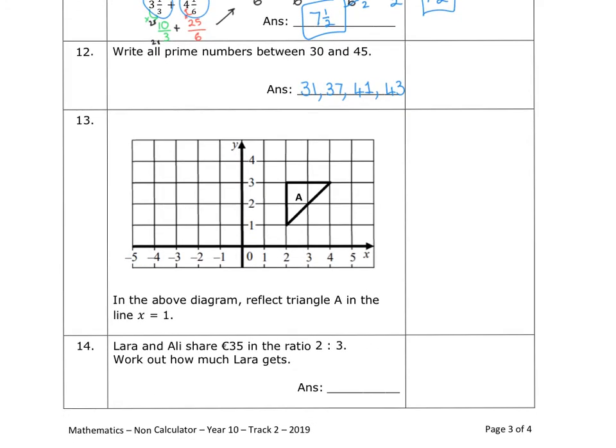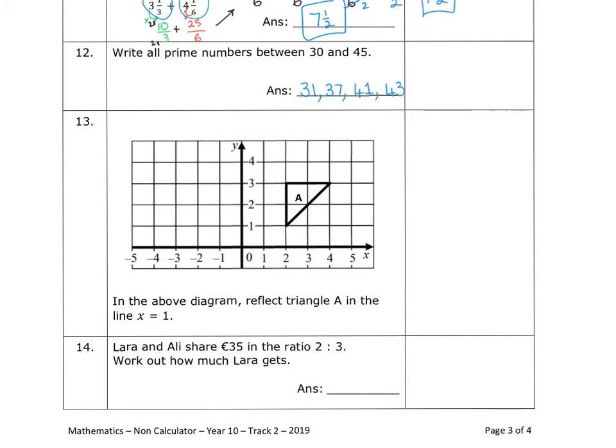Question 13. Transformations. In the above diagram, reflect triangle A in the line x equals 1. It passes through the x-axis at number 1. This is the line x equals 1. And now we need to reflect that shape. Now, count the distance from the mirror line to the vertex.